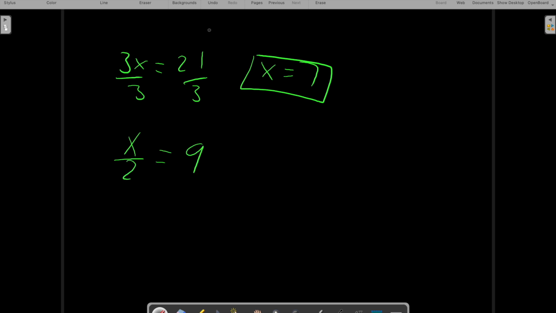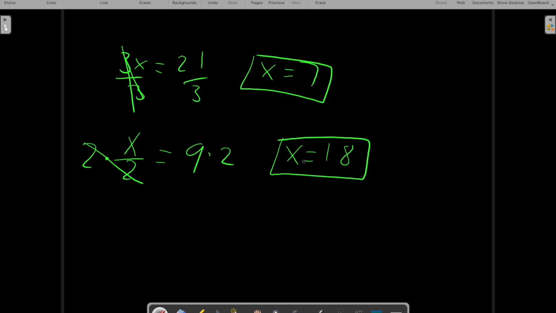The first thing you want to recognize is that this fraction bar is division. So we're going to undo it the same way, and multiply both sides by 2. Forgot to draw those out canceling. Multiply that by 2, it cancels. Multiply that by 2, and we end up with x equals 18, right? So that's the simple one-step idea.